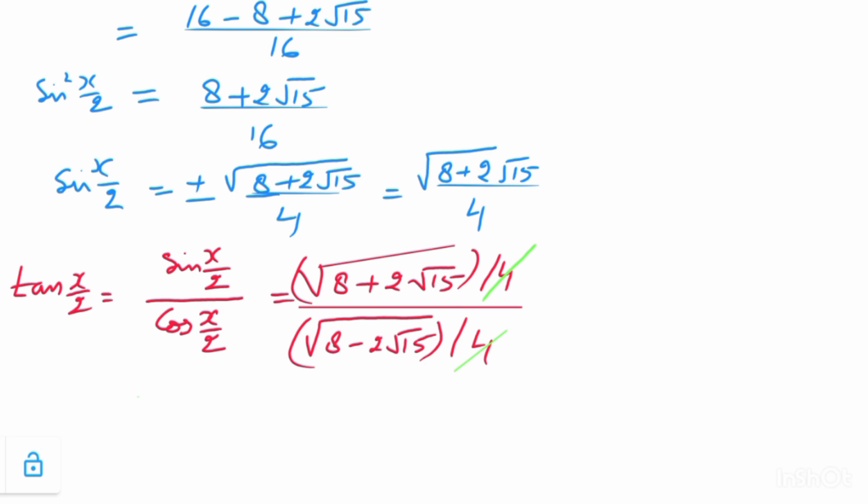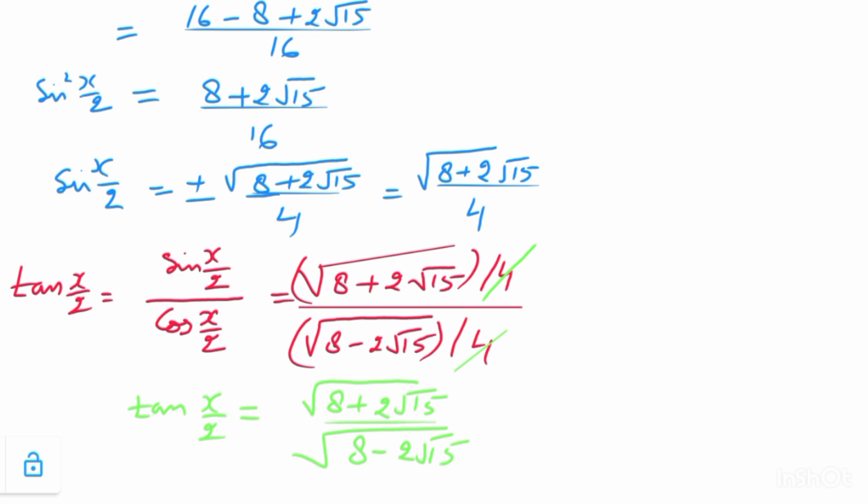So we will get tan x by 2 is equal to square root of 8 plus 2 root 15 divided by square root of 8 minus 2 root 15.